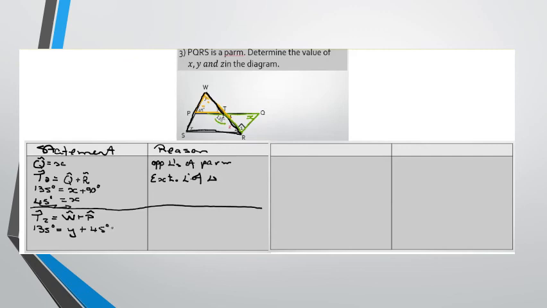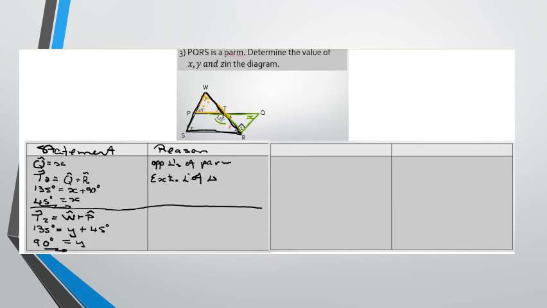Minus 45 on the right, minus 45 on the left, or just take the 45 across, I'm going to have Y. So on the left, 135 minus 45 is going to leave me with the answer 90 degrees. And there I have Y.